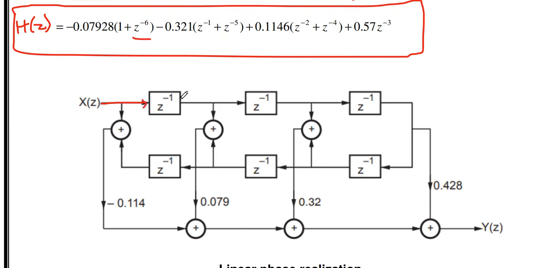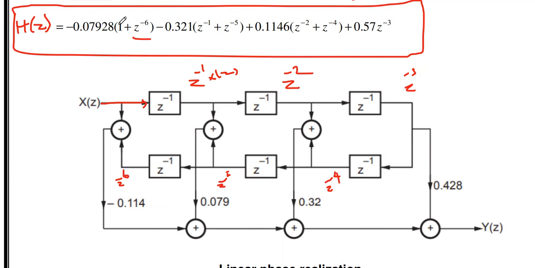This is the first delay element, and its output is z power minus 1 into x of z. This is given as an input to the second delay element, whose output is z power minus 2 into x of z. Then the output of the third delay is z power minus 3, the fourth is z power minus 4, the fifth is z power minus 5, and the sixth is z power minus 6.